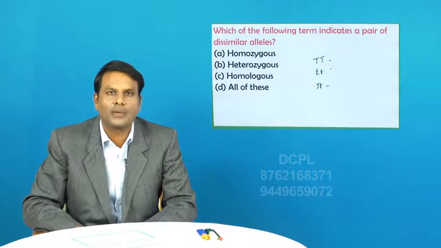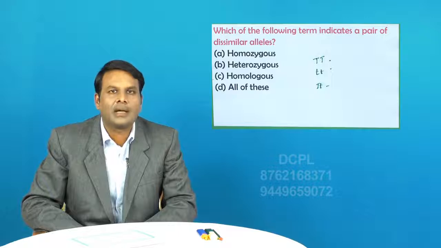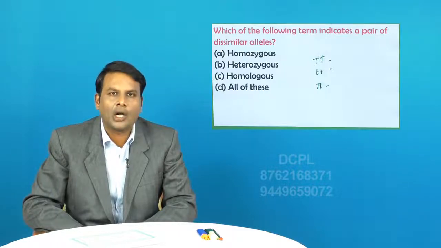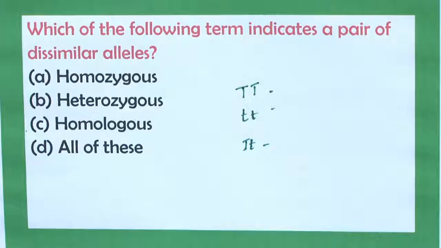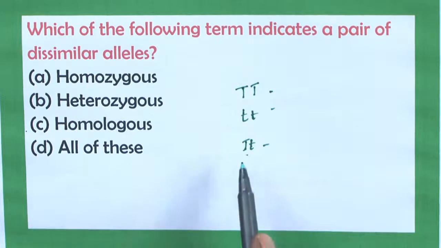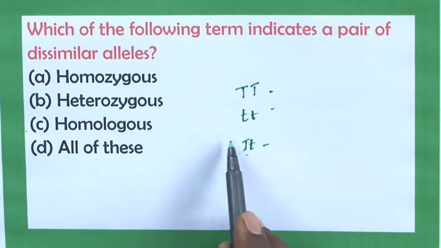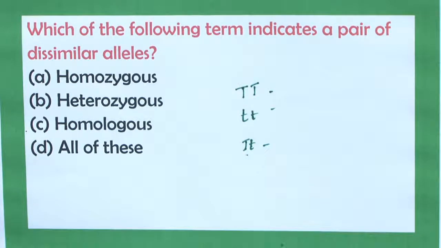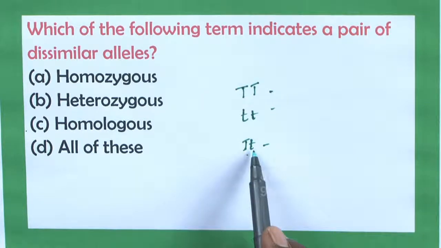As I already told you, alleles are responsible for alternate expression of the same character, that is, one allele codes for one variant of the character and the other allele codes for the other variant.